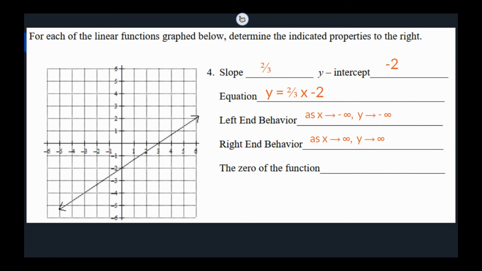And the zero of the function is x equals what? Great. Okay, go ahead and do those next two.